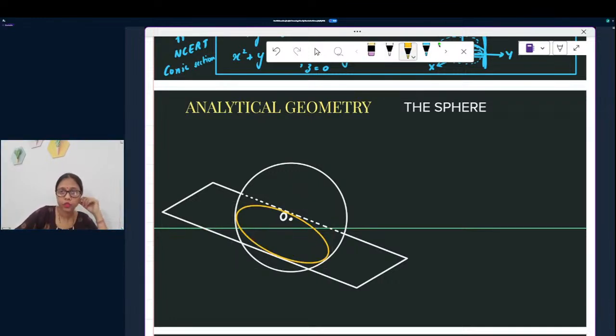Now, from O, let us drop a perpendicular on the plane. We can do that on the circle.